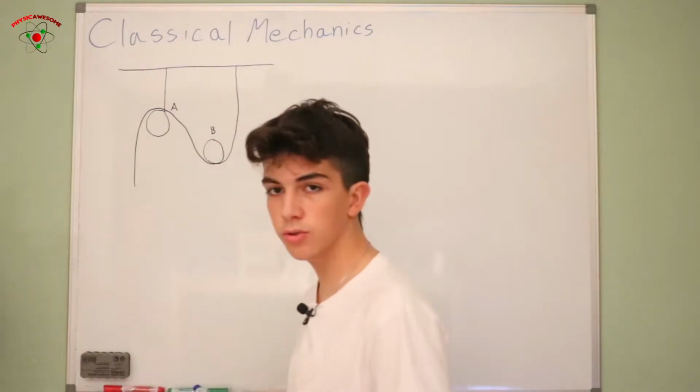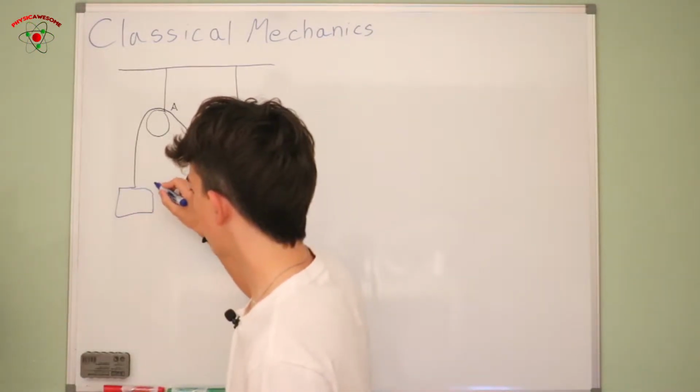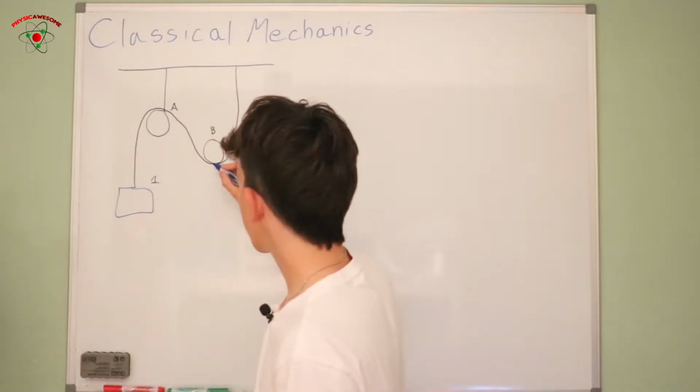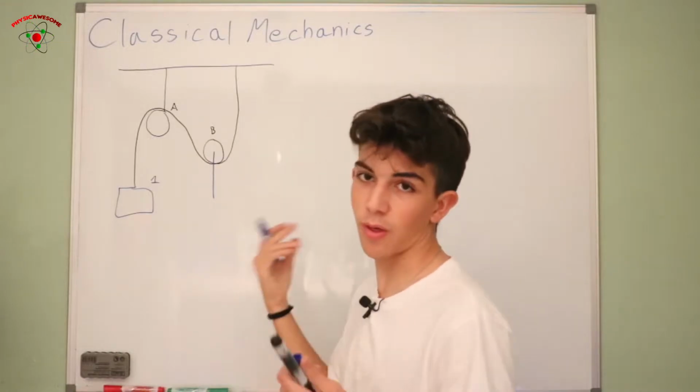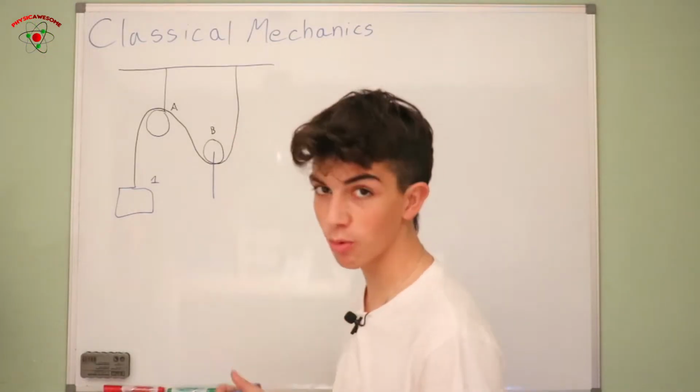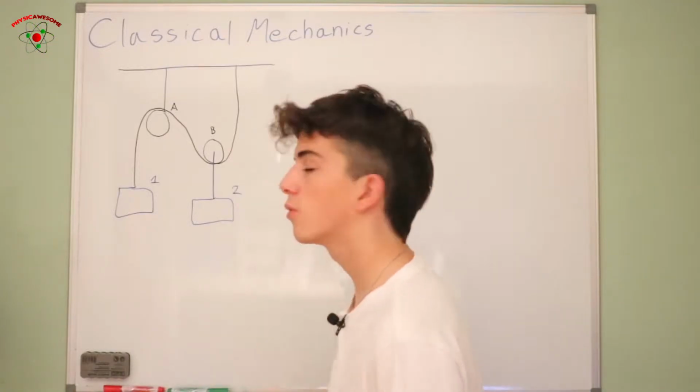We'll have two masses. This is going to be mass 1 or object 1, and then we will have an extra rope rather than a string. These are ropes, and we'll have mass 2 right around here.